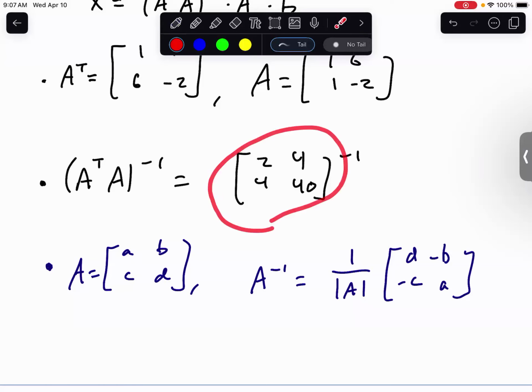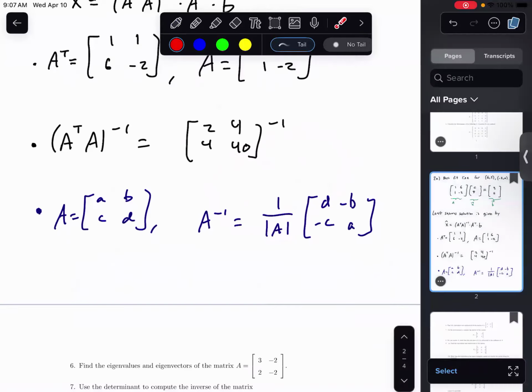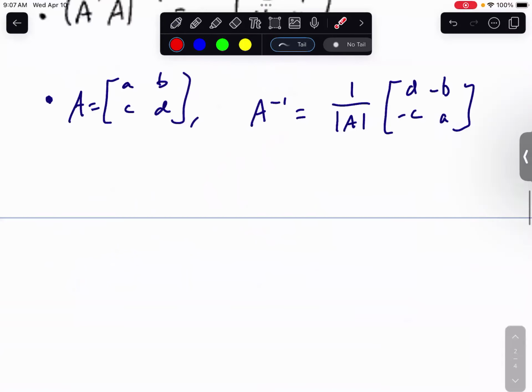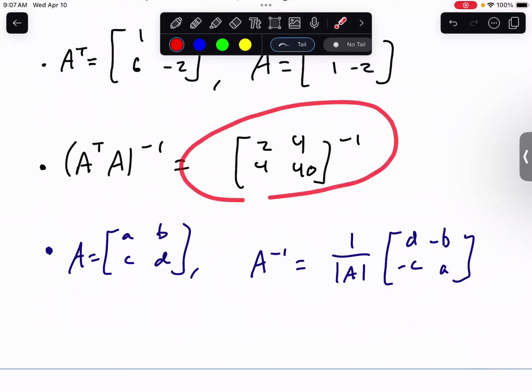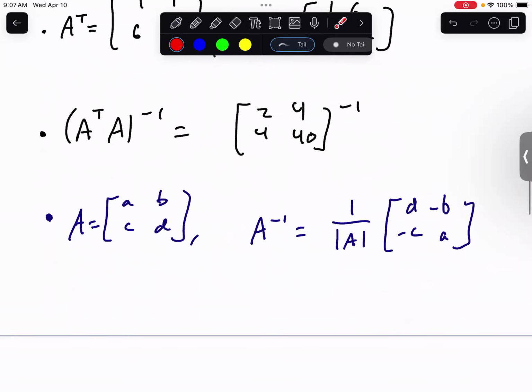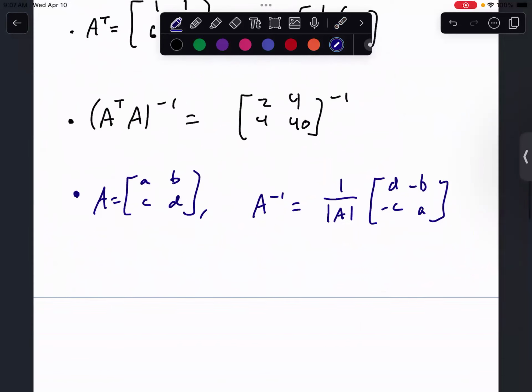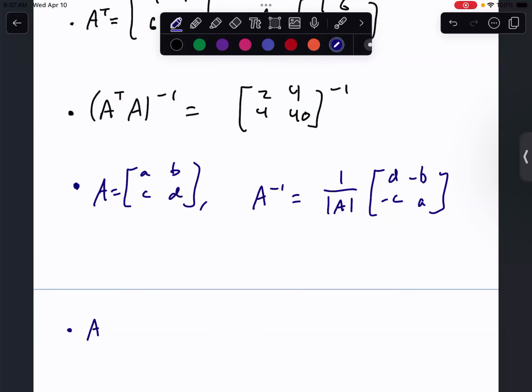So you don't have to go through row reduction to find the inverse of this matrix. If something like this does show up on the exam and you need to find an inverse, you want to use this determinant method, not row reduction. And so this tells us that A transpose times A inverse is going to be equal to 1 over the determinant of this matrix.